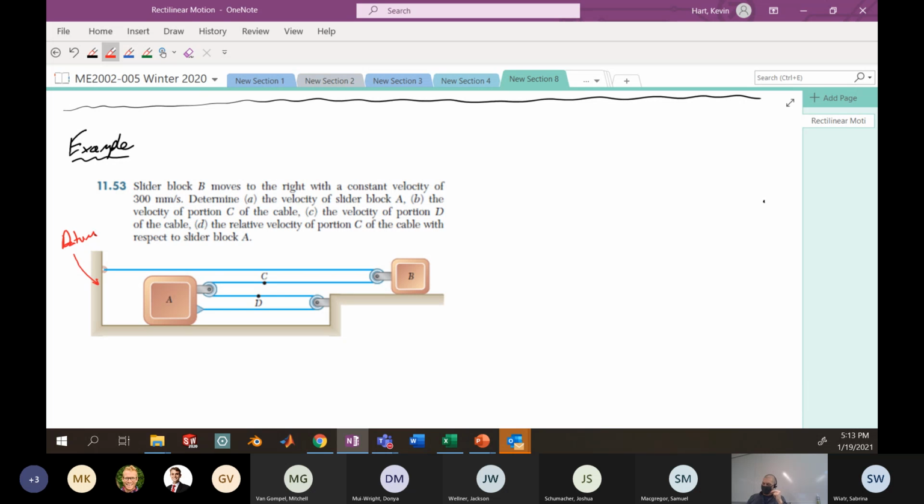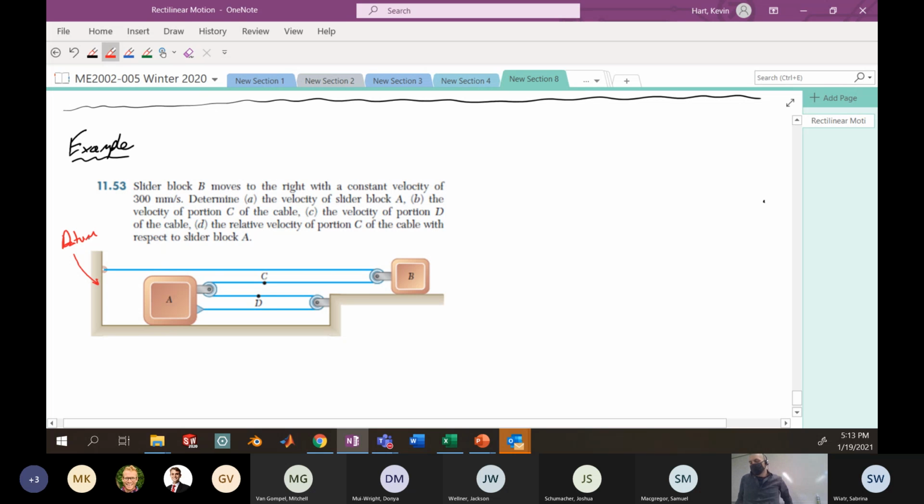You could select a datum elsewhere and also come to the same answer, but there's a little complication involved. I'm not going to go into the detail, but it's more complicated if you set your datum there. Since this is a fixed surface, it would be a suitable datum. You don't want to set your datum on a point that you know is going to move. That doesn't make a lot of sense. So here we'll set our datum on the left-hand wall.